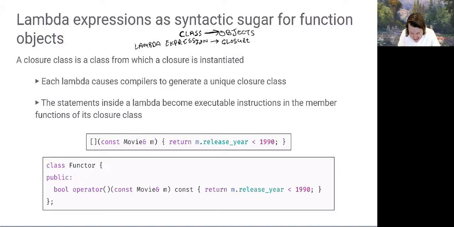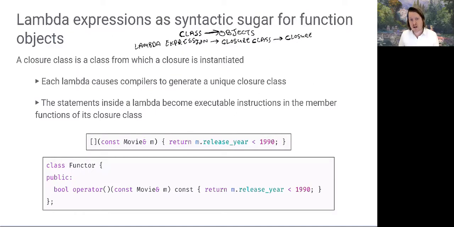It's a class, and it has a special name because we're talking about it in a special context, but from that, closures can be generated. You can think about a closure as simply an object which can be used and passed to our filter function, our standard library copy_if function, etc.